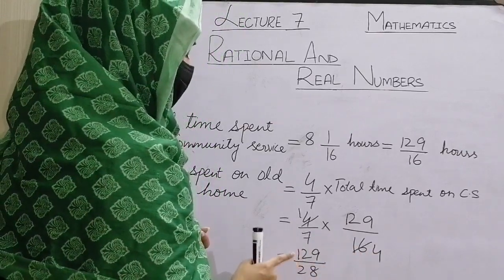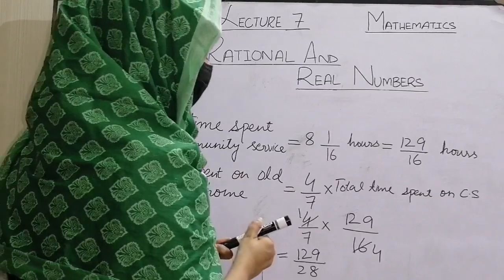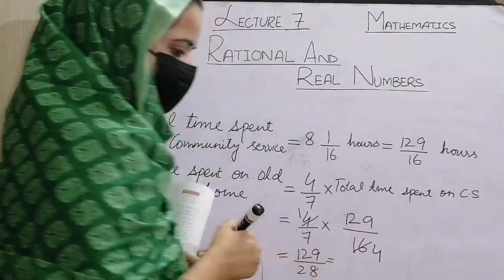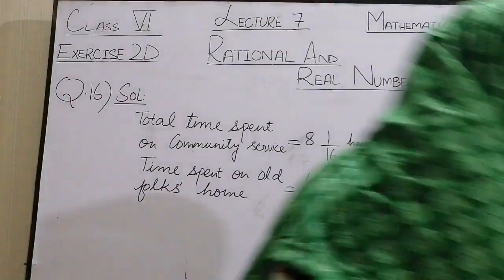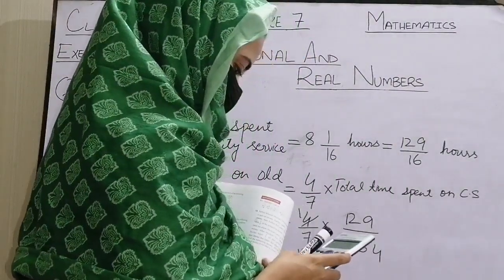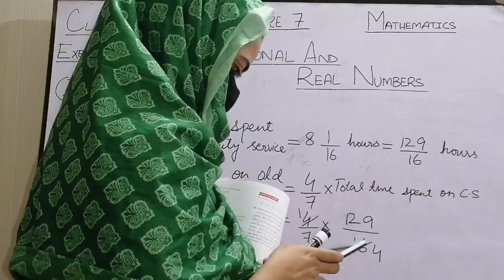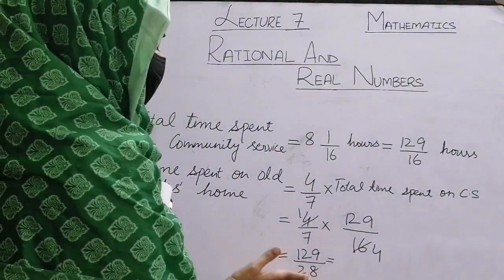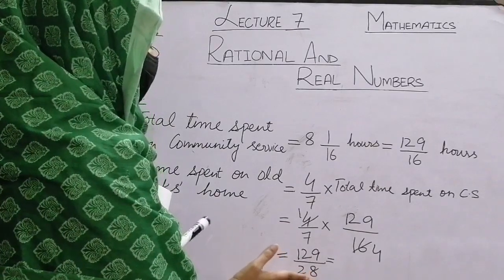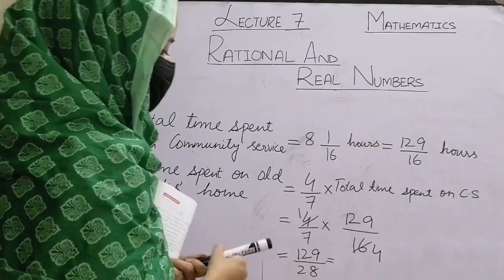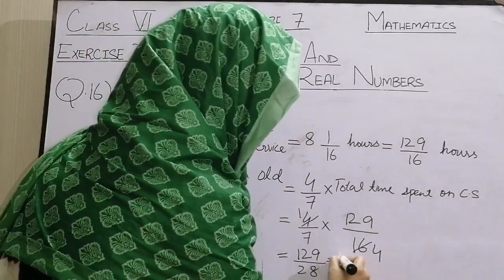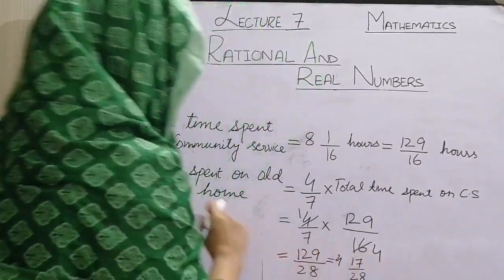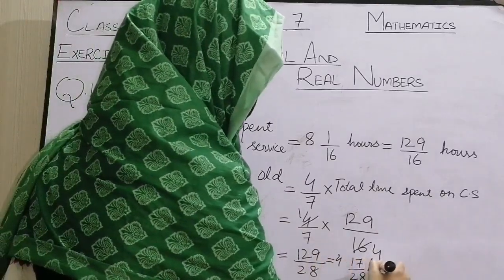Since this fraction is an improper fraction, we have to convert this fraction into a mixed fraction. So our answer is 4 whole 17 by 28 hours.